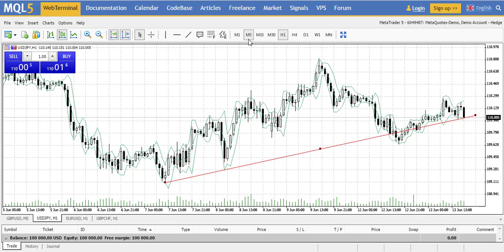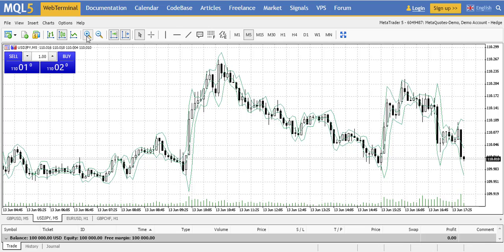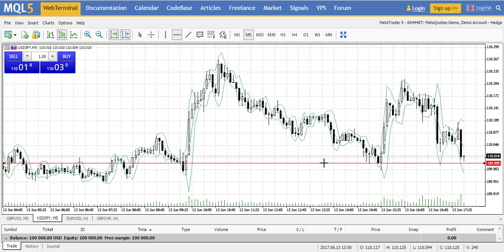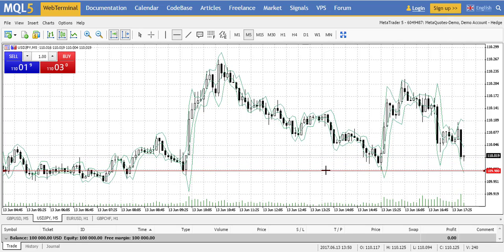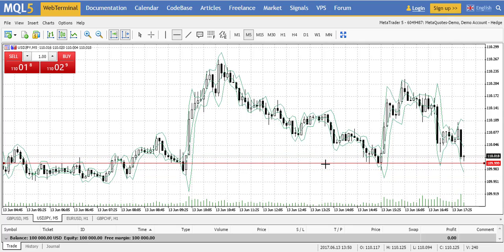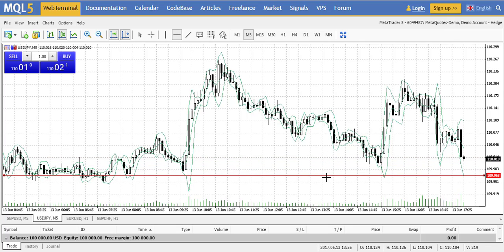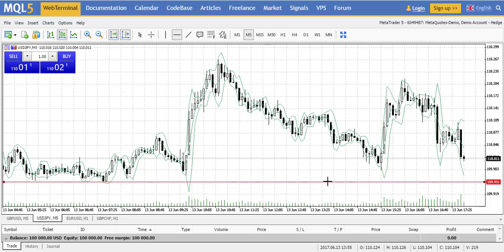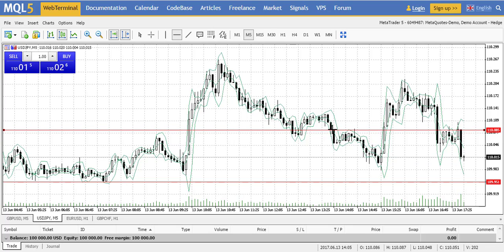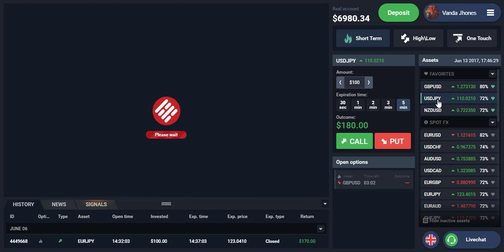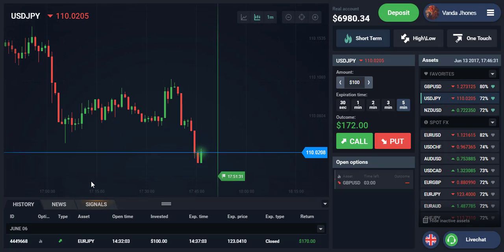Let's check the 5-minute chart. It will definitely fall, but at least somewhere in here will be the support line and the resistance lines over here.